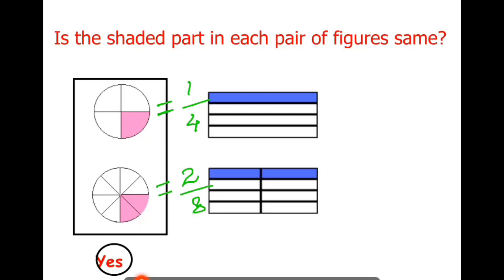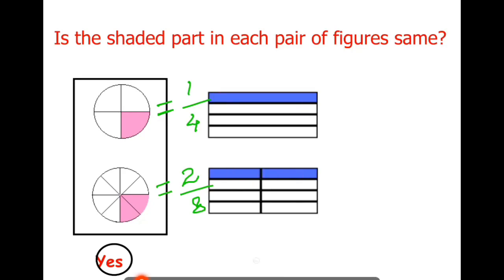So what we find is that these two complete rectangles are exactly identical, and here this entire first row is shaded, and here also this entire first row is shaded. So what's the answer for this pair of figures? The answer is yes, same. The shaded portion in these two figures is again same.